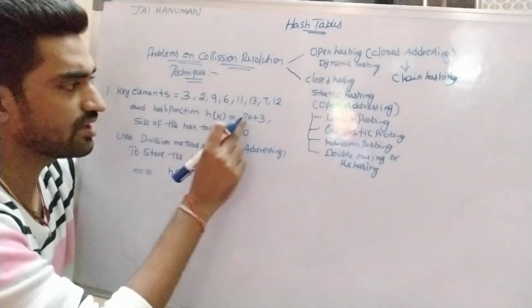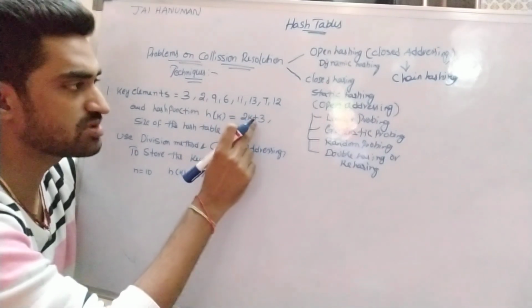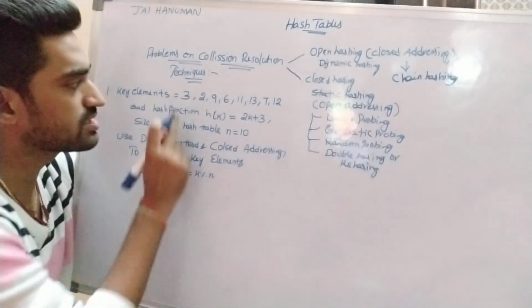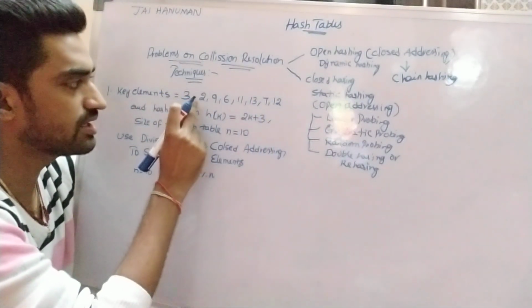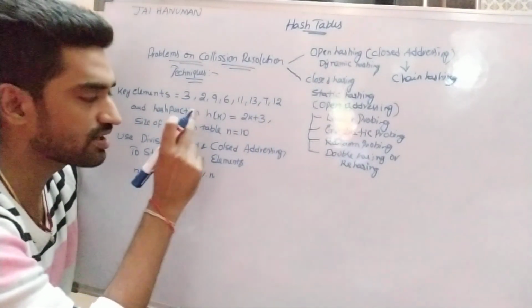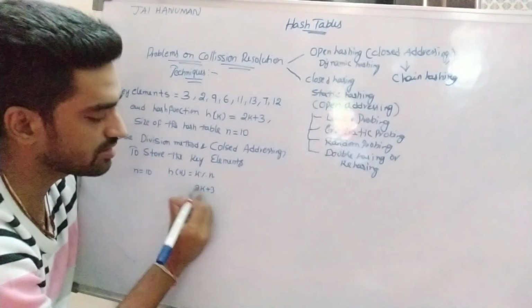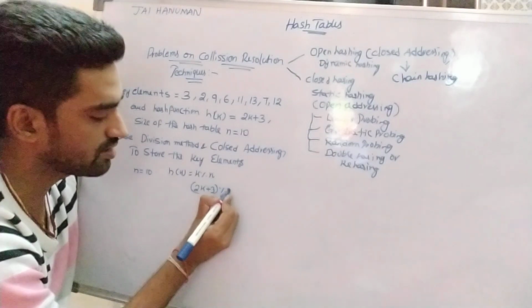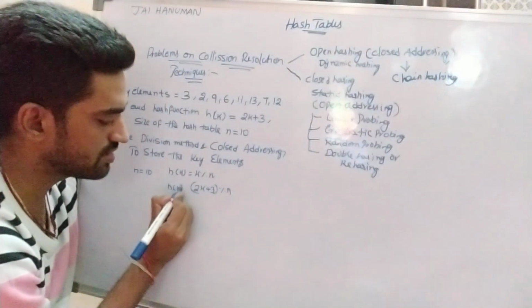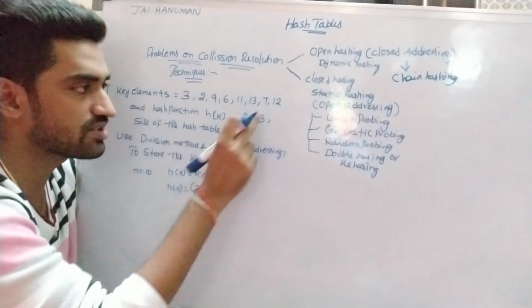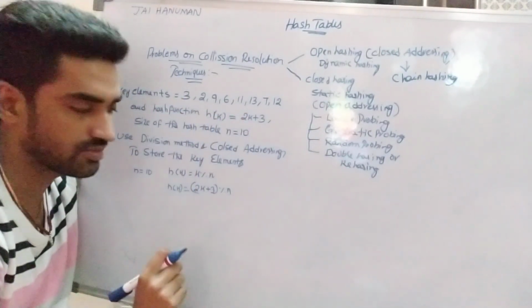But the h of k function here is 2k plus 3, which means this is the k value. So to insert these key elements into the hash table, the k value is compulsorily considered as 2k plus 3 modulo n. So this is the hashing function for this problem. Why? Because here h of k is equal to 2k plus 3, right?